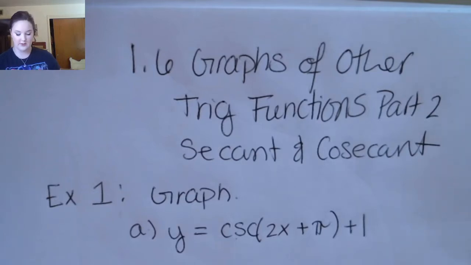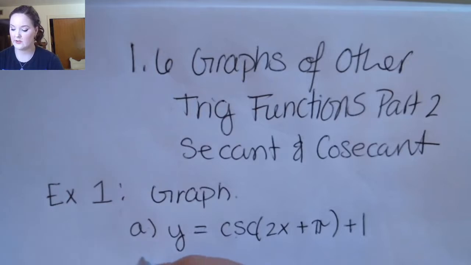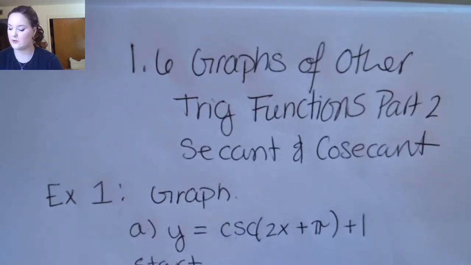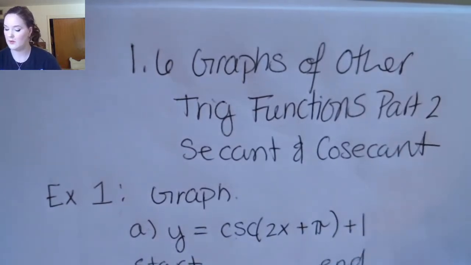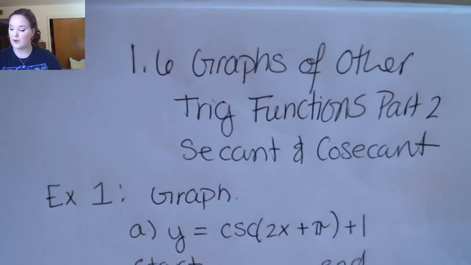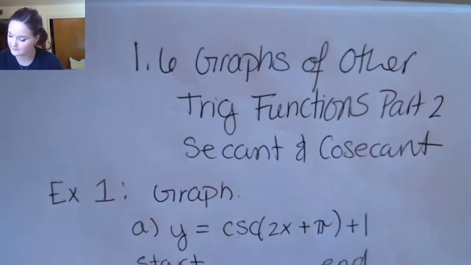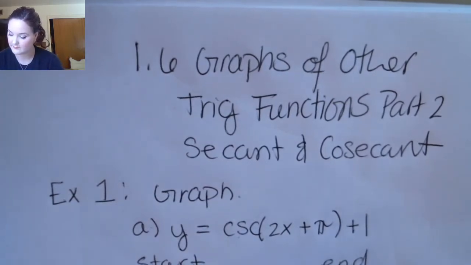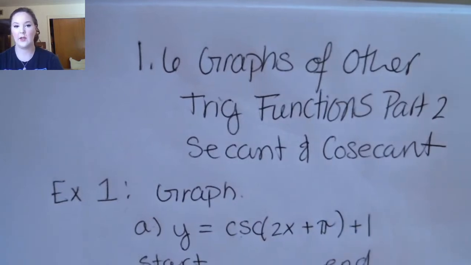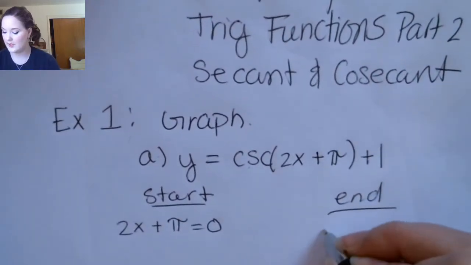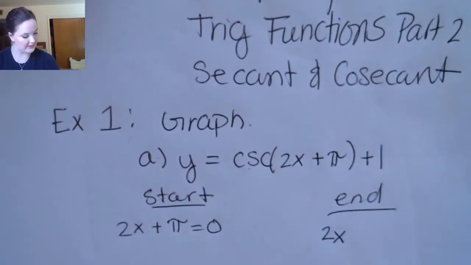Okay, so the first thing we're going to do is just start by finding the start and end point like we always do for the trig graphs. Okay, so remember for the cosecant graph, the start point is 0. And the end point is 2 pi.